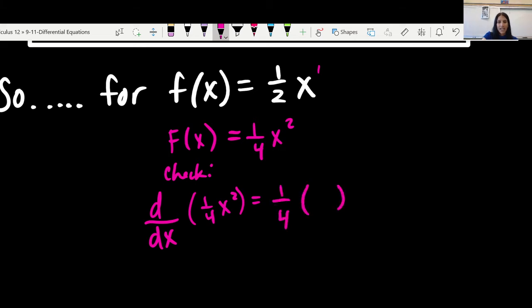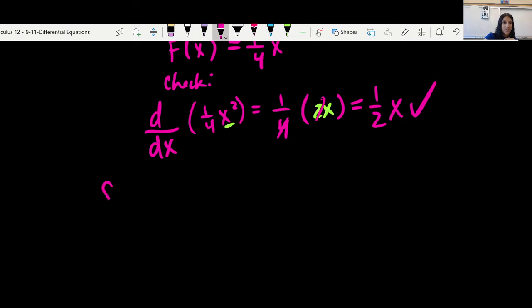And then if I take the derivative of this part, it would be 2x. And then when I work my way through that, notice that the 2 and the 4 would cancel. So I end up with 1/2 x, which is my original here. So I know that I've done it right. So see what I mean about how they're sort of opposites, and we can use that in order to check to see if what we're doing is right.